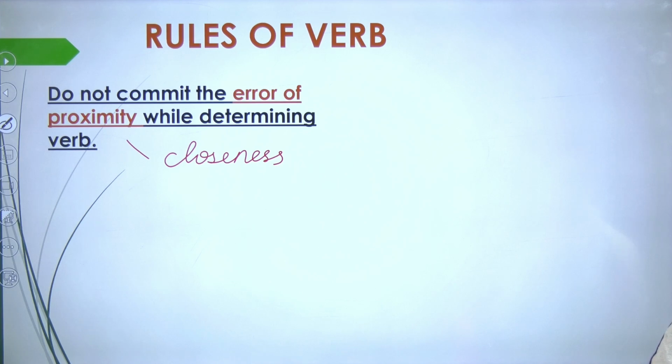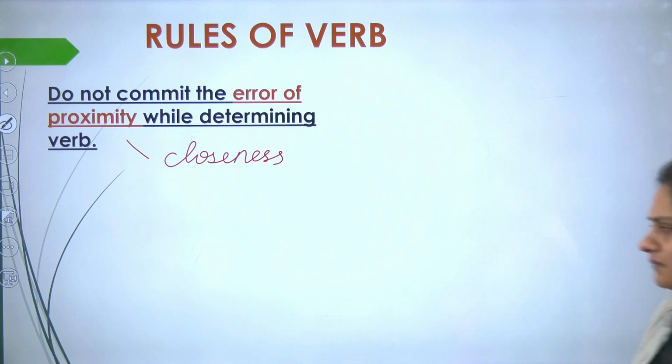Proximity means closeness. Like I said, proximity is closeness. ठीक है, अब इसमें क्या होता है, जिस भी सब्जेक्ट की आप बात कर रहे हो, जरूरी नहीं है, it is not important, it is not necessary that the subject will be closest.